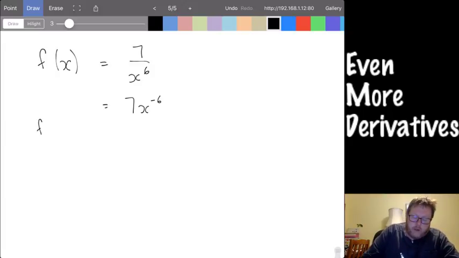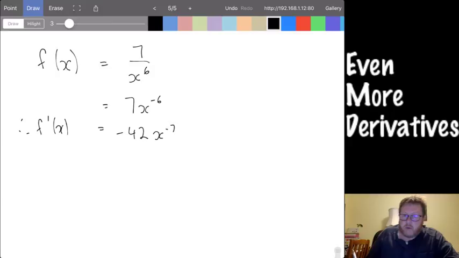I would then go f dash of x is equal to, and I'll do this bit in my head, okay? 7 sixes are 42, so it's negative 42, because it's a negative times a positive, and x to the power of negative 7. So I've subtracted 1 from negative 6 to get to negative 7.